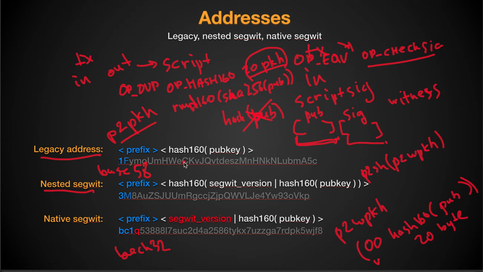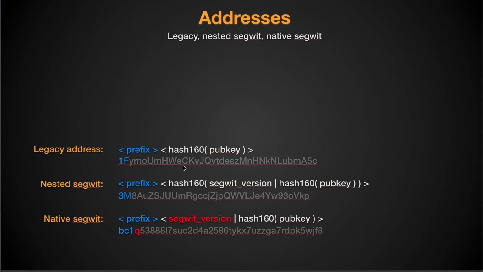Okay, so let's see how they are encoded. So the legacy addresses, well, we have it in all addresses actually. We always have a prefix, and there are different prefixes. This prefix is dependent on the network, to avoid mistakes such that we don't send Bitcoins on the mainnet when we were requested to send them on the testnet.